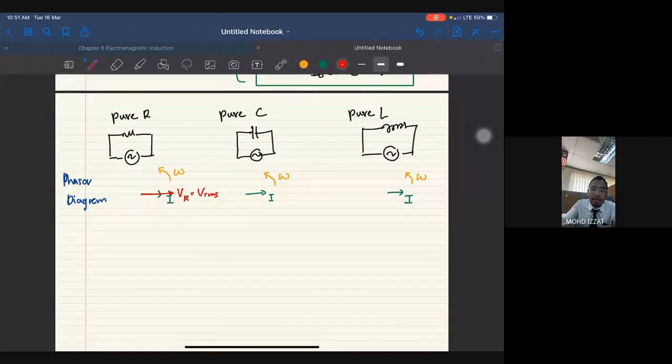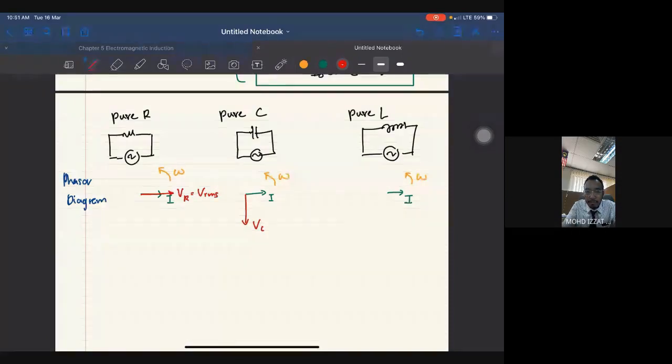The current pushes all the electrons, and only then do you have a potential difference between the two plates. So basically current will lead the capacitor's voltage. And then the last one is the inductor. The inductor's voltage comes first. So I have a problem, my L and C are very similar.